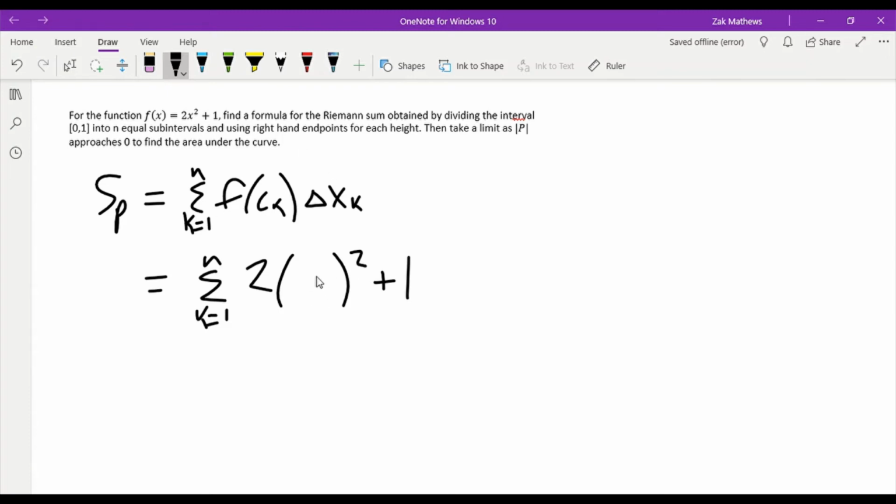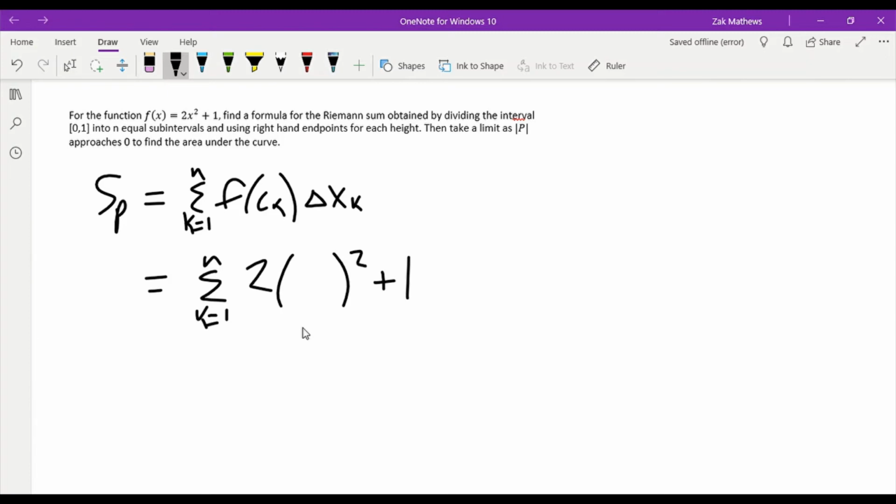Well, initially it was just 0, so we plug in a 0 there, but then it's going to change by some amount between k equals 1 and n until we get up to that final value of 1. And so what is that amount right there? Well, it's the width of the interval. It's however many times we've added the interval.